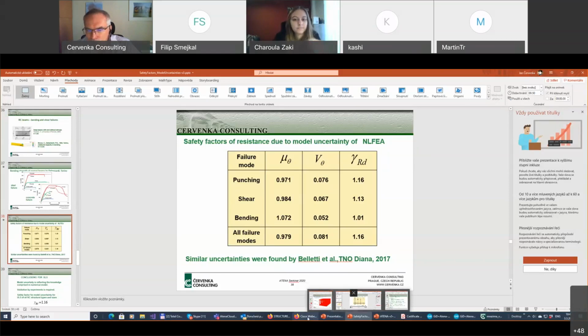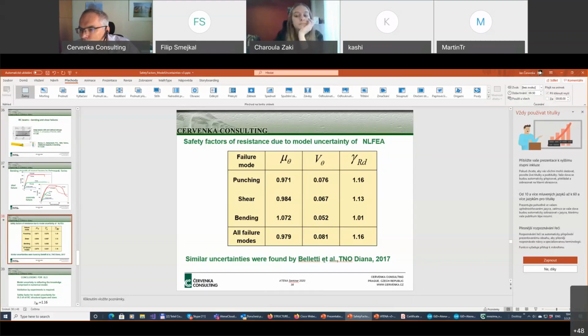There is one question, whether JCSS has other recommendation for SF. I'm not sure what you mean by SF, the safety factor, I guess.